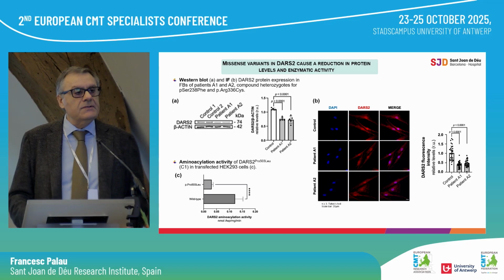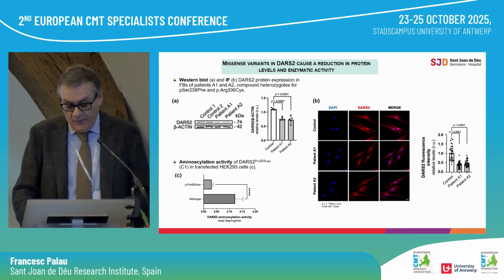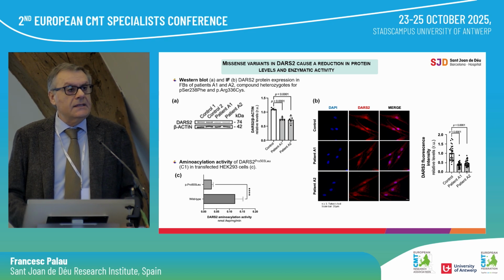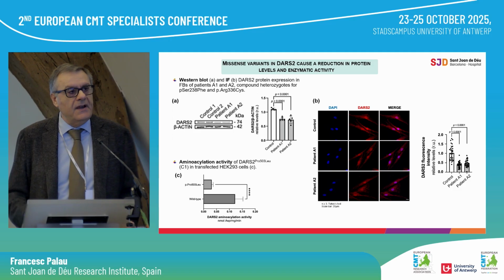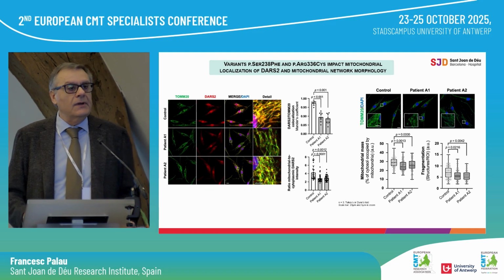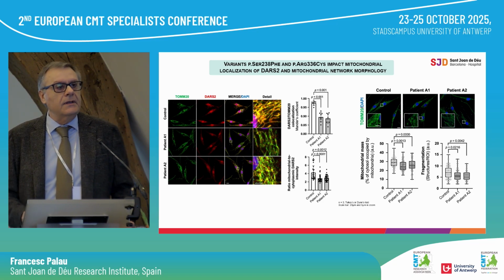And for the patient from Estonia, this experiment was performed in Estonia: the aminoacylation activity was reduced in HEK cells which express the variant of the patient, the missense proline 503 variant.